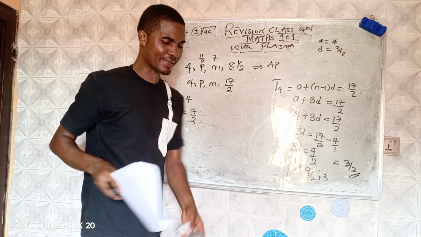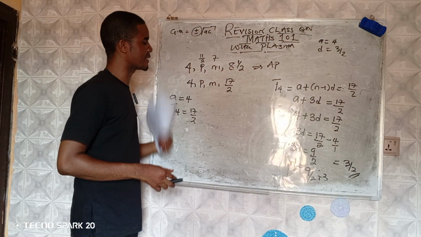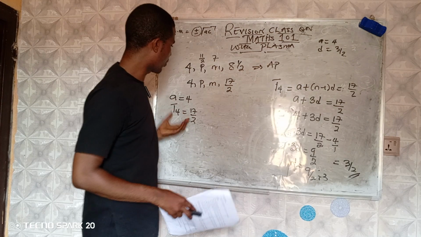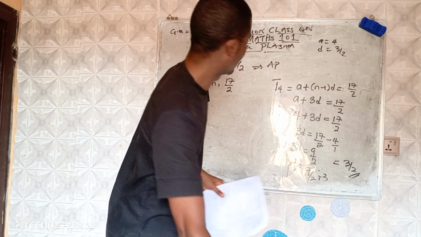So that is another thing we are talking about in arithmetic progression. From what you have, you can look for what you don't have.